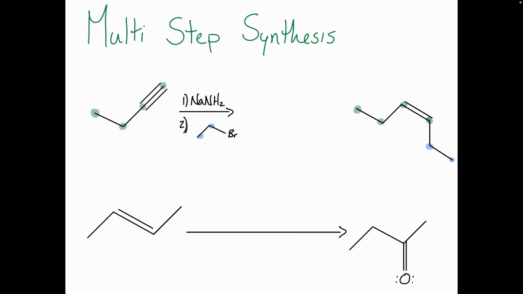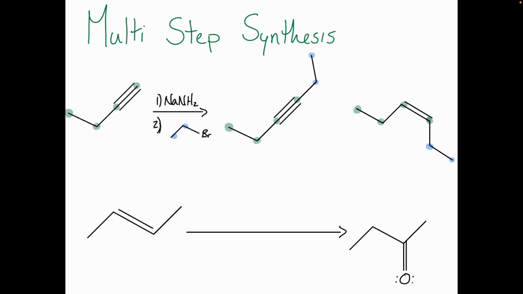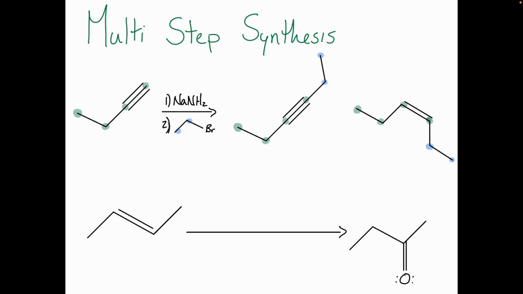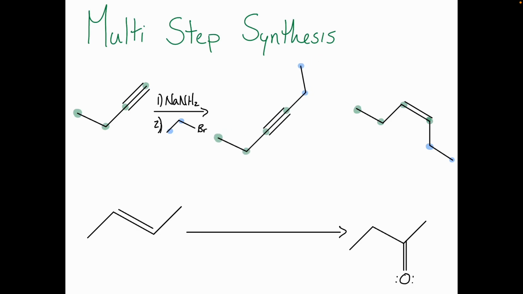So now I'll have grown my carbon backbone, adding those 2 on there. So 1, 2. Cool, but I'm not there yet. I still have at least one more step to do. Do we have a way to turn alkynes into alkenes? Yes, this is also something we know how to do.